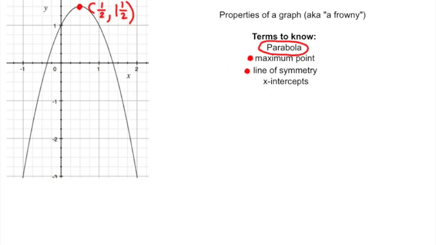This parabola also still has a line of symmetry. That's the x value that cuts the parabola directly in half. If I label this, I would say x equals 1/2. Now in this case, the parabola has two x-intercepts.